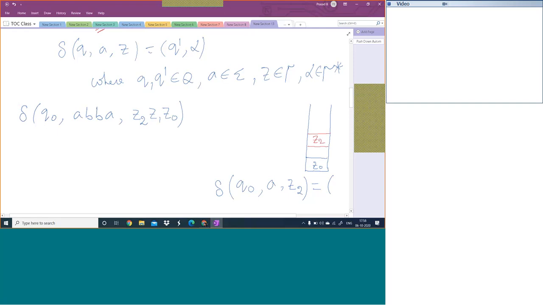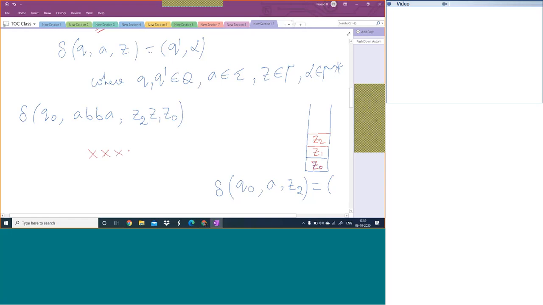The top symbol is Z2, below that Z1, and below that Z0. These are the symbols in the stack from top to bottom, and the input string to be scanned is ABBA.